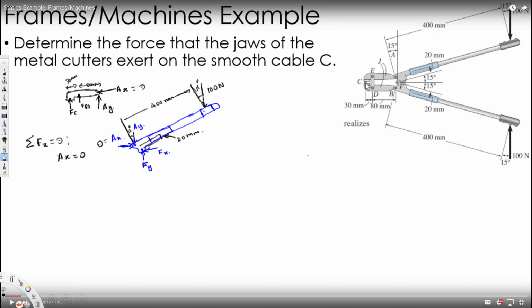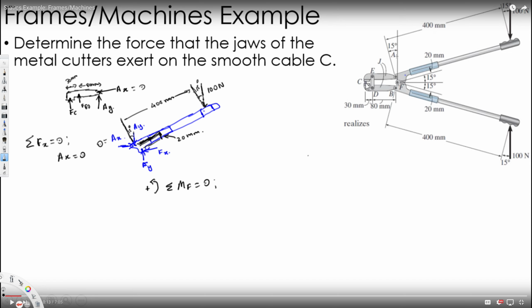To get rid of these two unknowns, I can use moment around F. If I take moment around F equal to 0 in statics, and take counterclockwise positive, and solve for this one, since 100 Newton and Ay are not perpendicular to this object, we always have to take the perpendicular components. This distance is 20 millimeter. If I take the perpendicular for this one, this should be straight to this one, right?